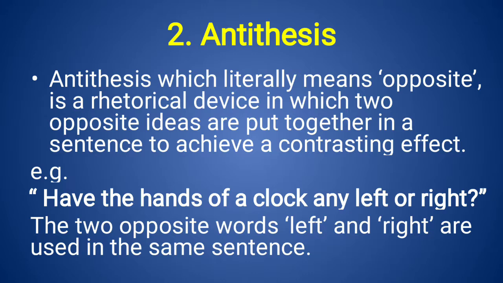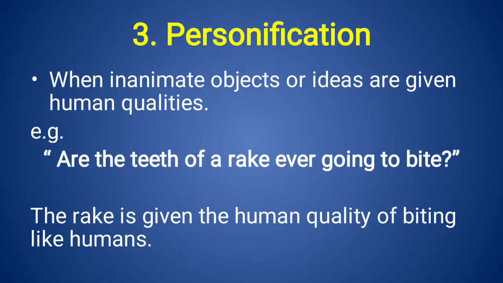So after the discussion on antithesis, we are moving towards the next figure of speech, that is personification. Already we have discussed it, but still let me tell you about it. When inanimate objects or ideas are given human qualities, so whenever human quality is given to an inanimate thing, at that time remember we have the figure of speech that is called personification.